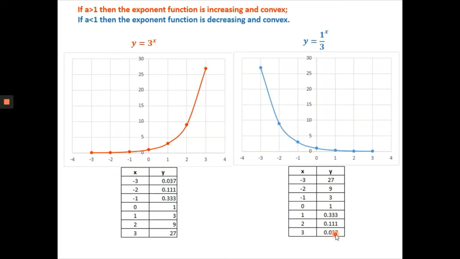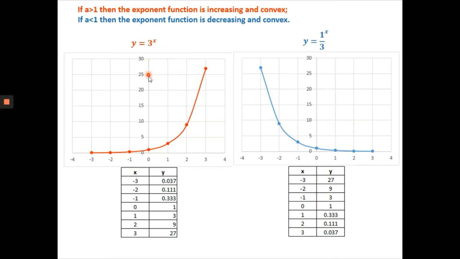All right, so there are a couple of points we want to highlight looking at these two graphs, other than the difference in the value of the base. What we can also see is for both of these graphs, the y values are positive. So the y values are positive here, and the y values are positive here. And that's what we will see for the graphs of our exponential functions.